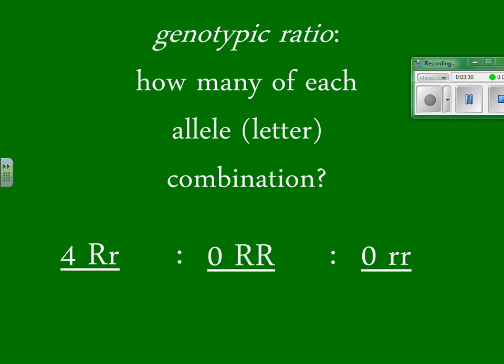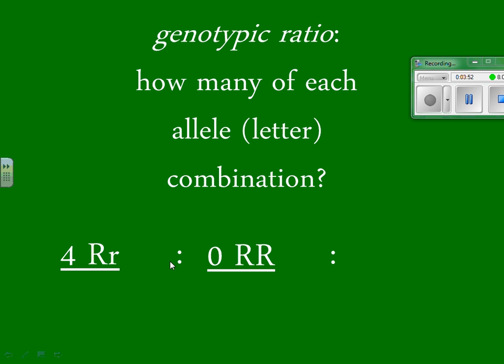You will always have the possibility of a homozygous dominant, the possibility of a homozygous recessive, and the possibility of a heterozygous.